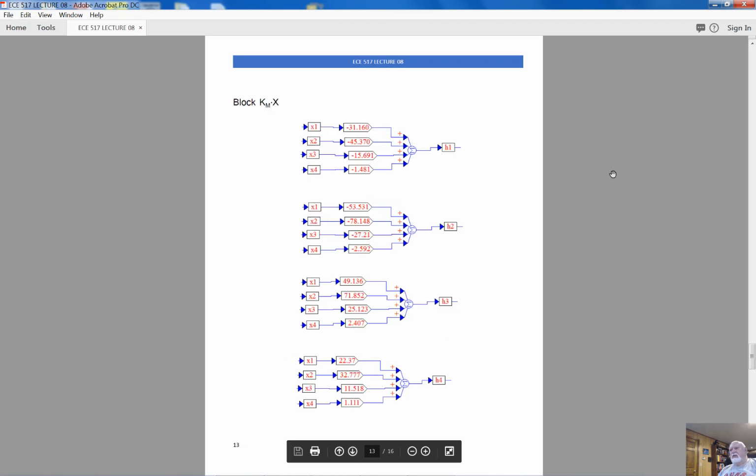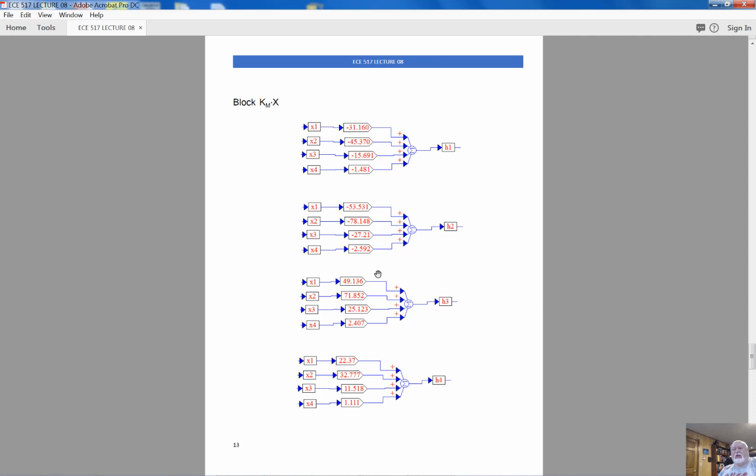The next thing we will do is consider the block Km times x. Again, this control block represents the product of matrix Km and state vector x of the reference model.